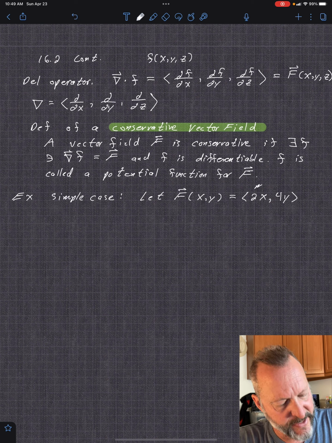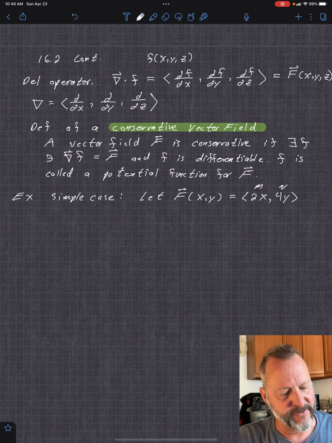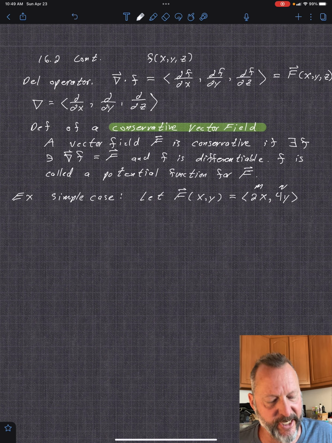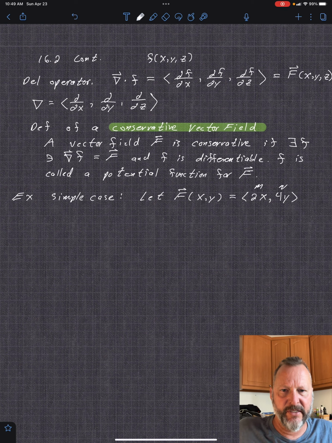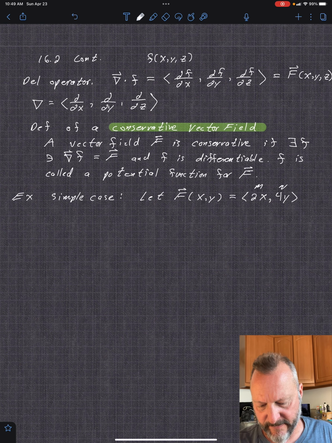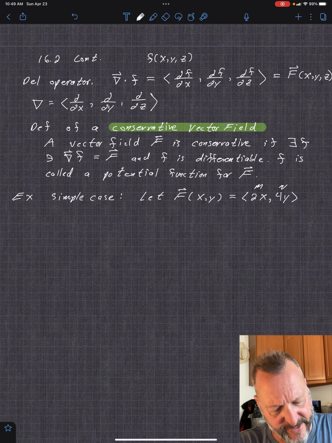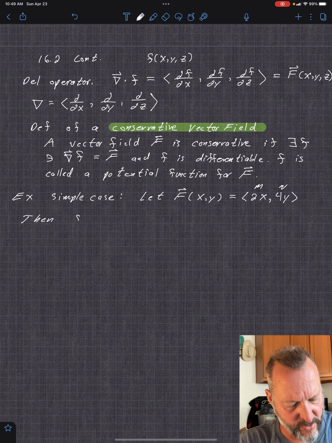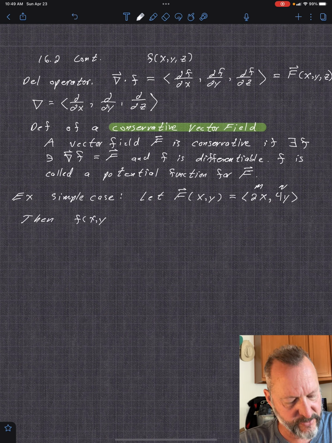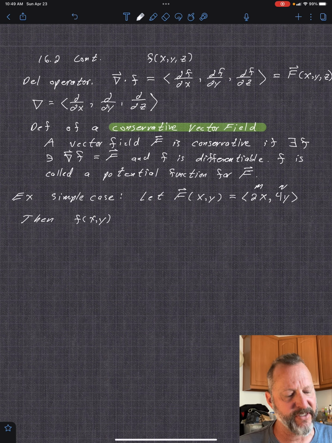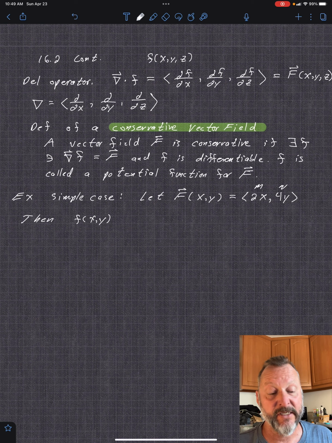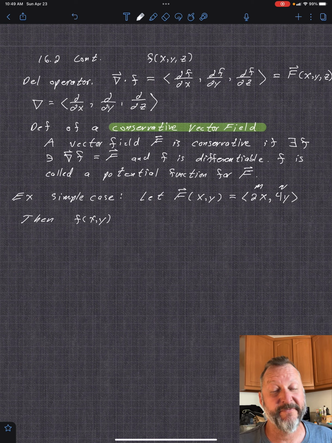So this is like your M and this is N. So it's 2xi plus 4yj. Can we guess what partials of a function would give us 2x? You're thinking derivatives with respect to x. What function do you know whose derivative is 2x?